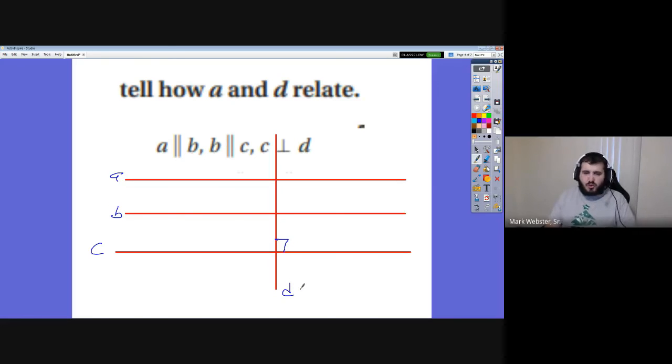So if this is true, what I want to know is how A and D are related to each other. Are they parallel to each other or are they perpendicular to each other? Do they never touch or do they cross at a right angle? What's the answer?